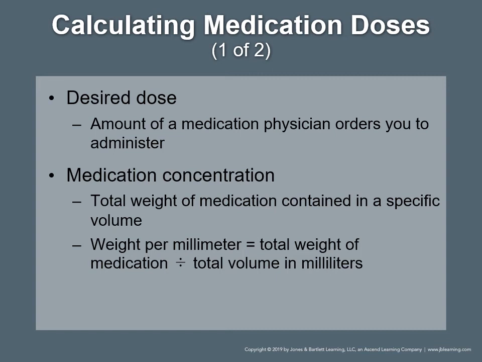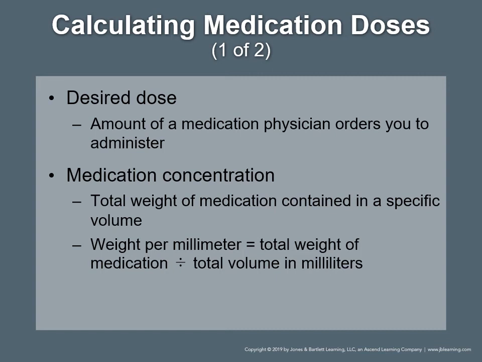Calculating medication dosages. There are multiple formulas for calculating medication doses. The method of drug dose calculation demonstrated here is based on three factors: the desired dose, the concentration of the medication available, which is the dose on hand, and the volume to be administered.